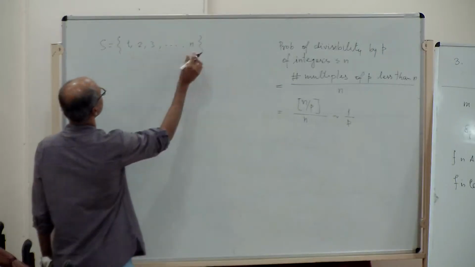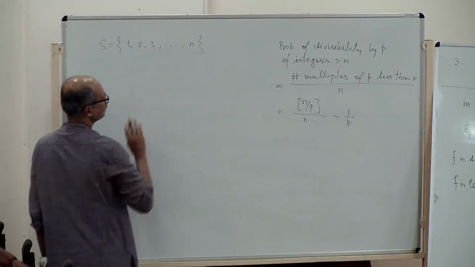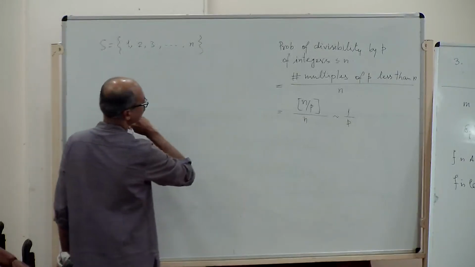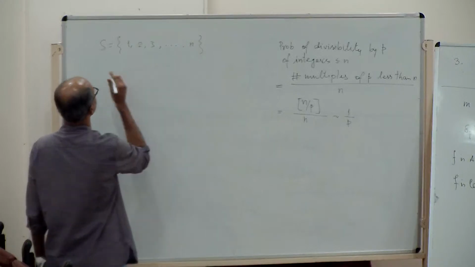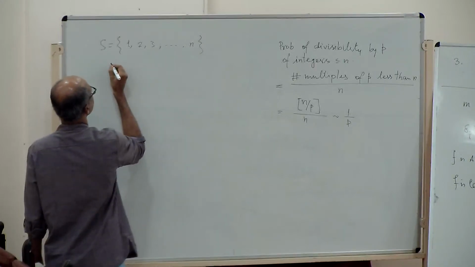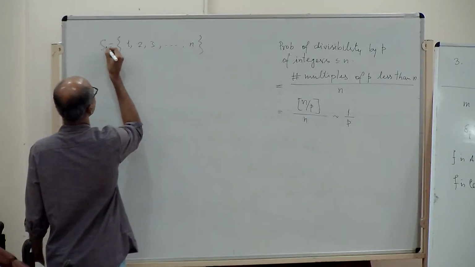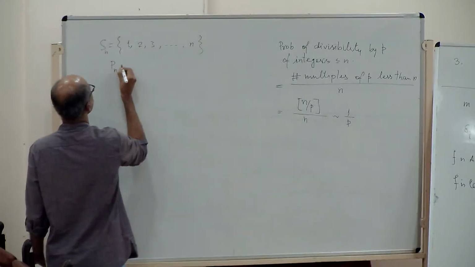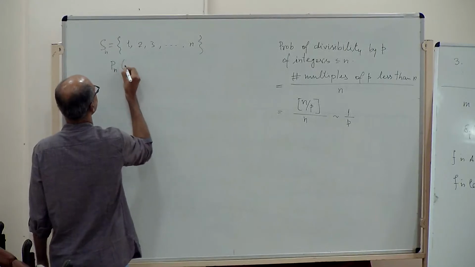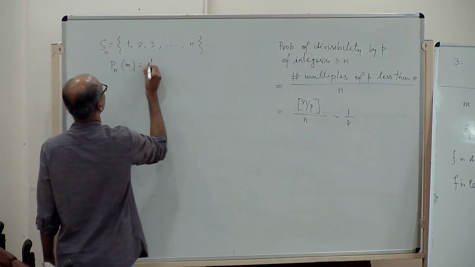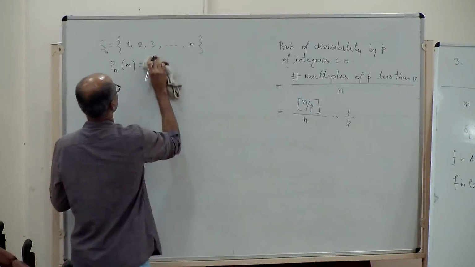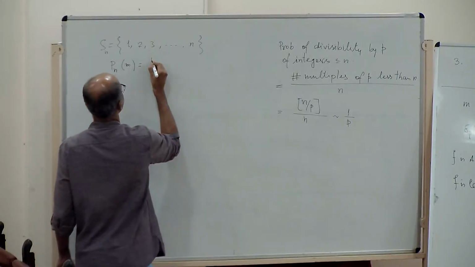So, uniformly, everything has the same probability of appearance. We can also put this n here because the space depends on n, so P n. So, the probability of a number is 1 over n, 1 over n, 1 over n.